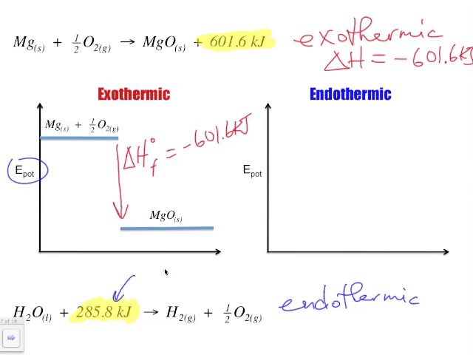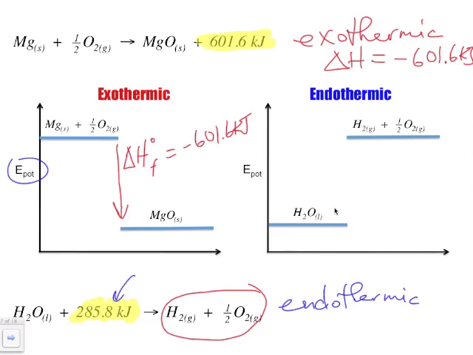Now, if we look at this other one, pretty much the decomposition or the electrolysis of water, right? This decomposition of water. Well, the water itself has a low potential energy, so it's going to absorb the energy and store that energy in the products, right? So the products now will have the greater potential energy. So now the delta H is rising, right?